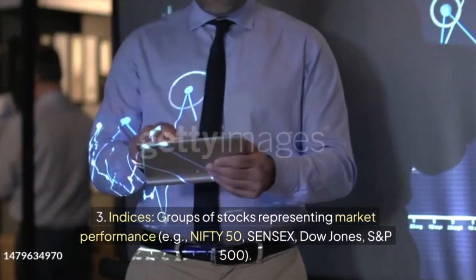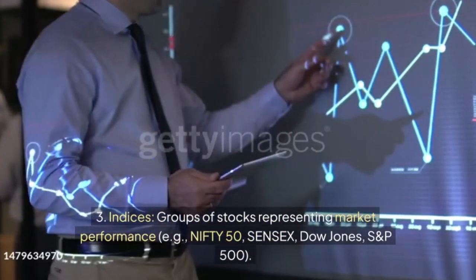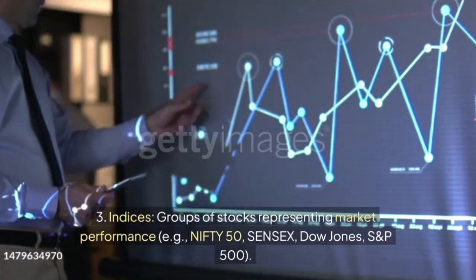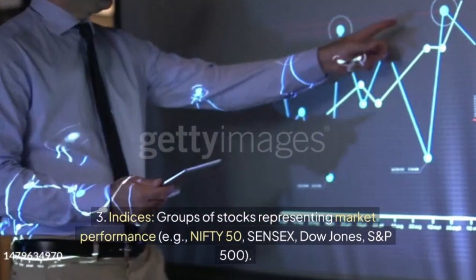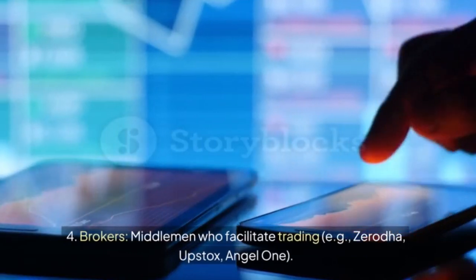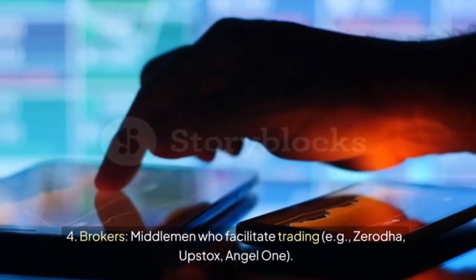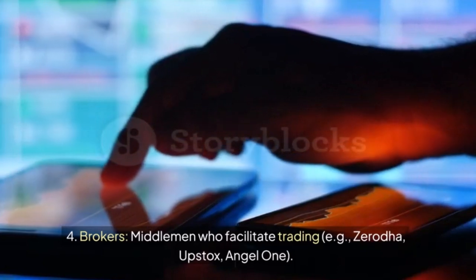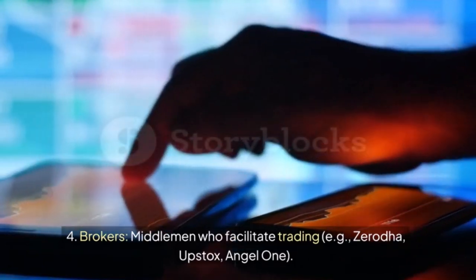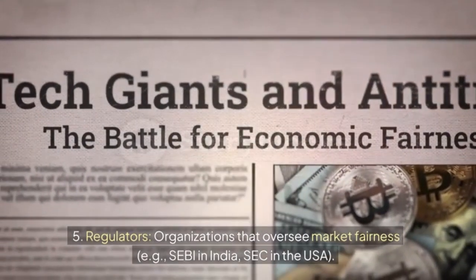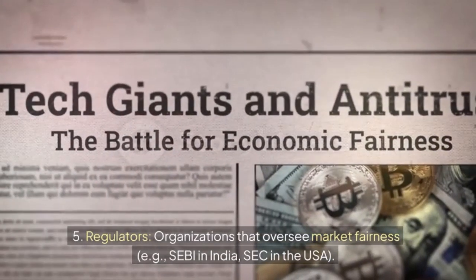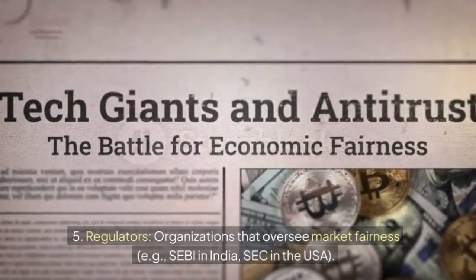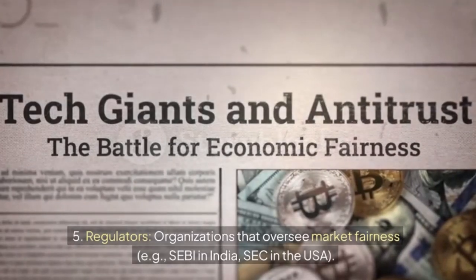Groups of stocks representing market performance, e.g., Nifty 50, Sensex, Dow Jones, S&P 500. 4. Brokers. Middlemen who facilitate trading, e.g., Zerodha, Upstox, Angel One. 5. Regulators. Organizations that oversee market fairness, e.g., SEBI in India, SEC in the USA.